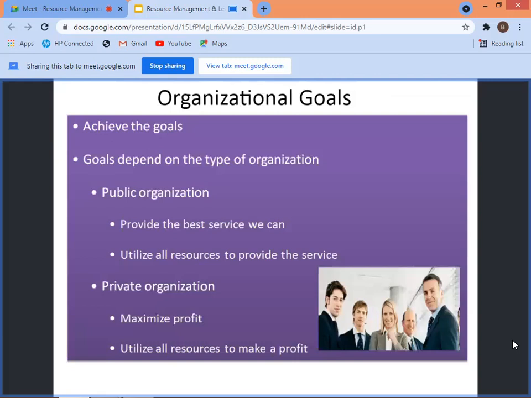So organizational goals is achieving the goals, right? There are common goals, and the goal of the company is one thing only: profit making, money making. They need to make money to make the company grow. You need to contribute to the growth of the company, because when you have a growing company, the people also will have the opportunity to grow.